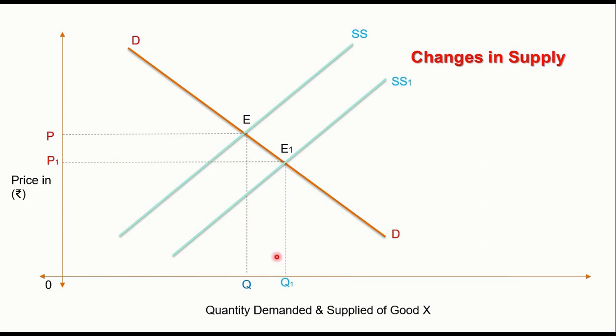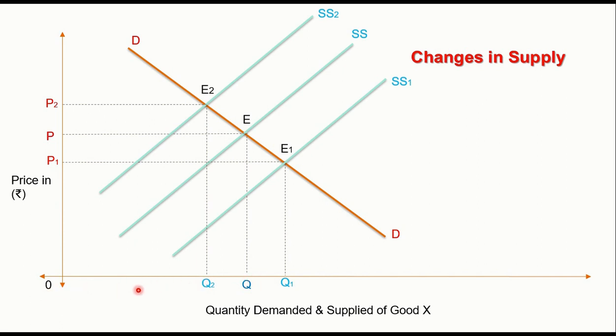When supply decreases, the supply curve shifts leftward and becomes S2S2. The new supply curve intersects the original demand curve at a point E2 where the new equilibrium takes place, because at this point quantity demanded is equal to quantity supplied, and price changes from OP to OP2 and quantity from OQ to OQ2.